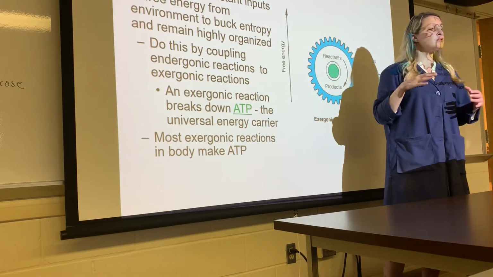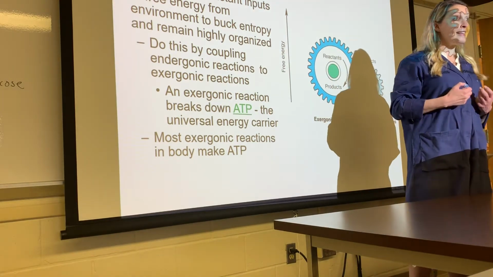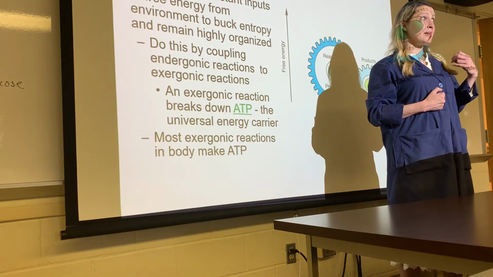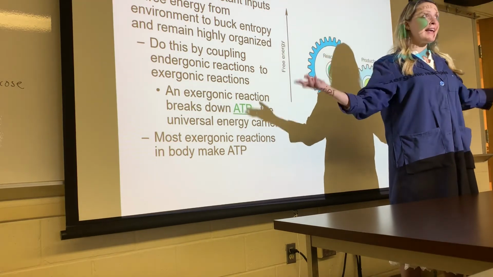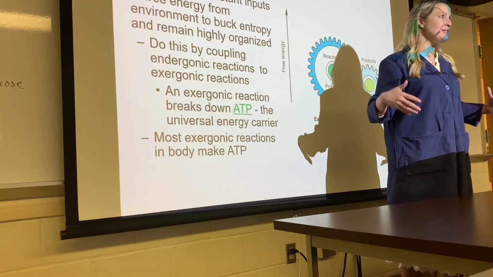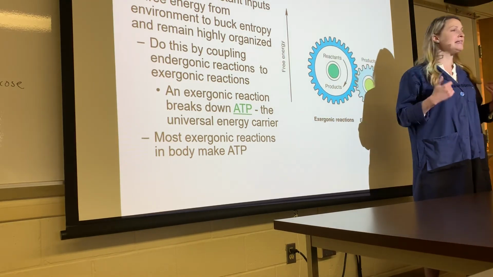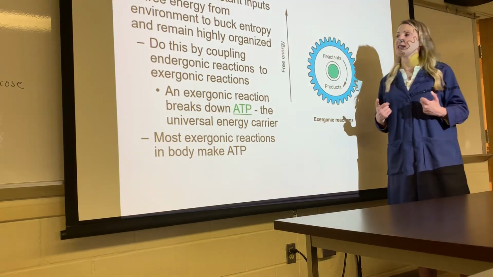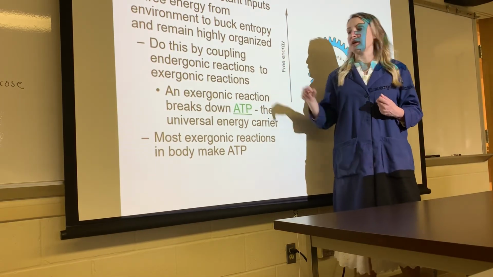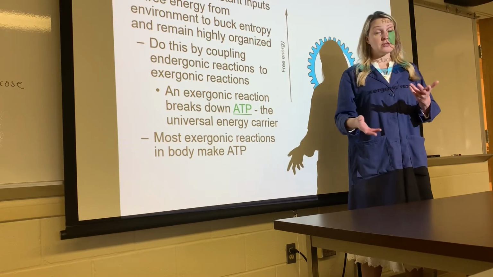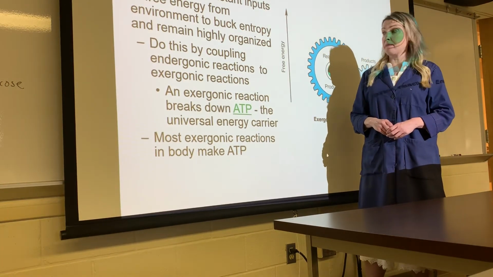In other words, what our cells need energy for is to fight the disorder, AKA it helps you to maintain homeostasis, right? So your cells constantly need energy to do what they need to do. And again, this is done by coupling endergonic reactions to exergonic reactions, as you were trying to say earlier.